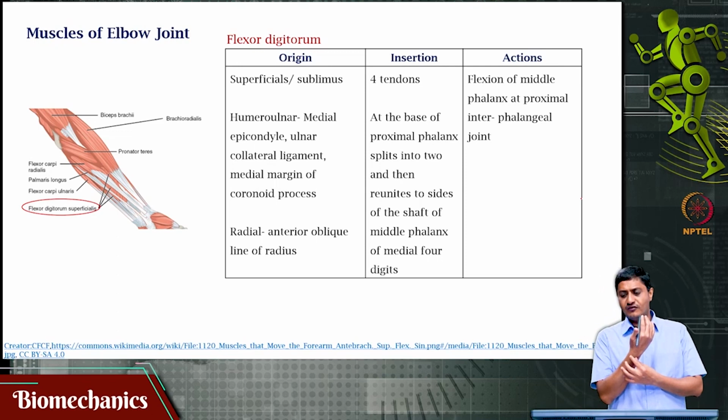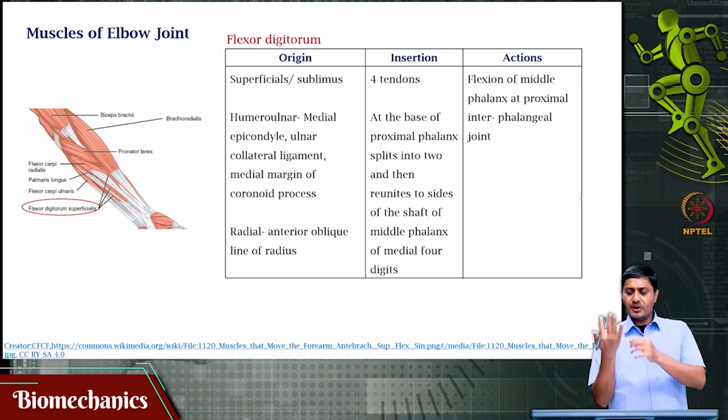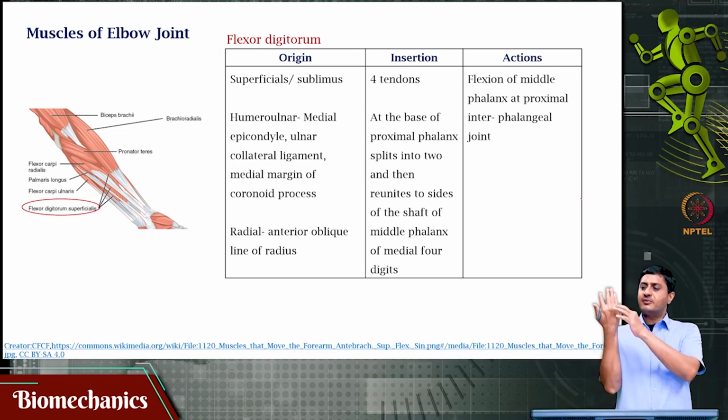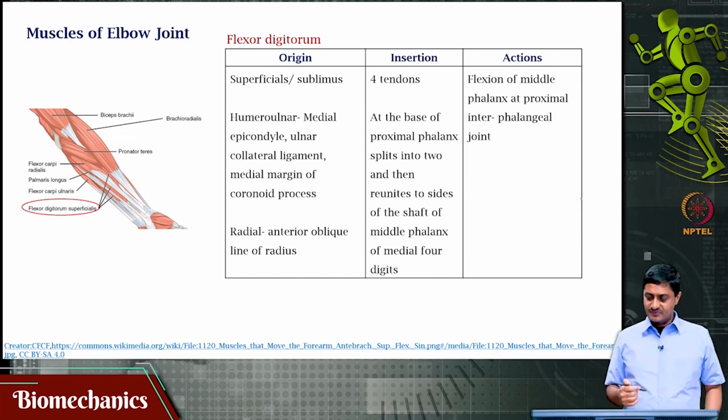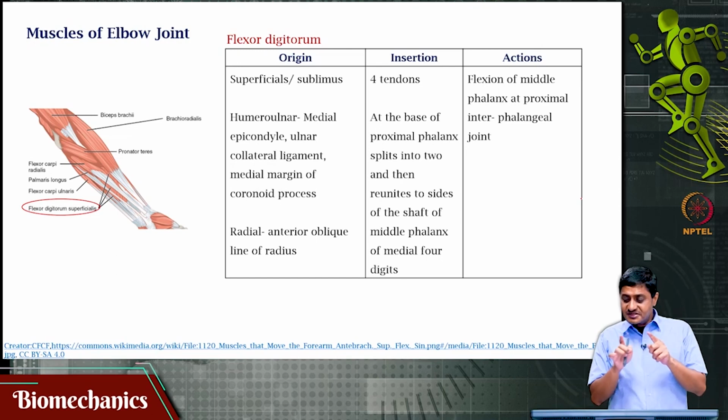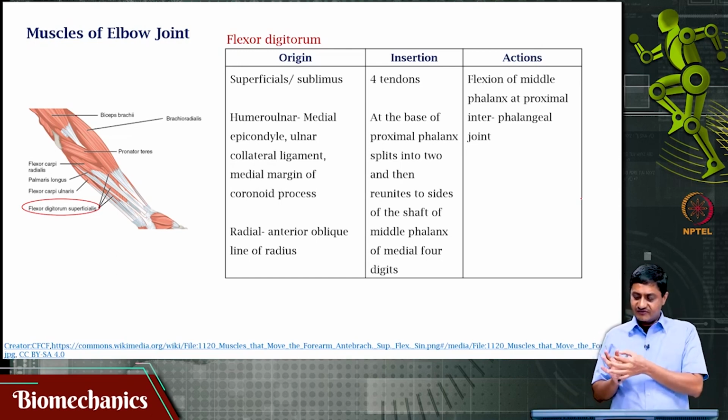These 4 tendons get attached to the base of the proximal phalanx. The segment of the finger that is closest to the palm is called the proximal segment or the proximal phalanx, right. Then it splits into two and then reunites to the sides of the shaft of the middle phalanx.